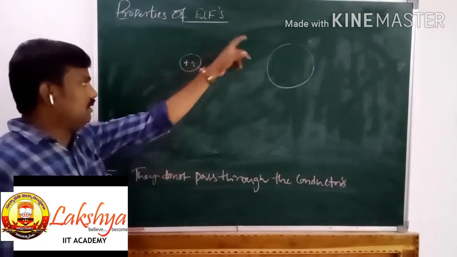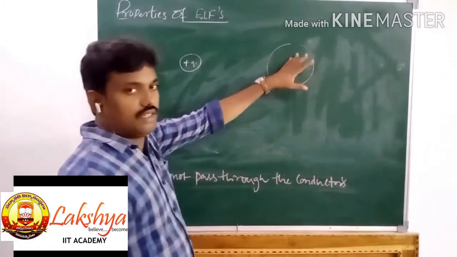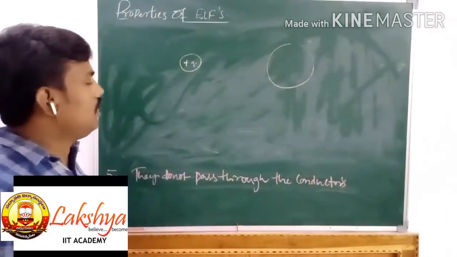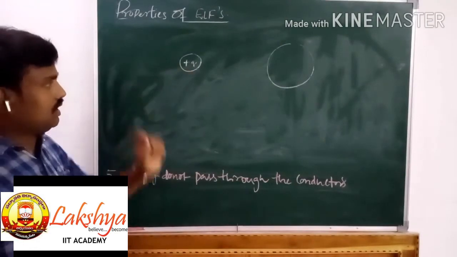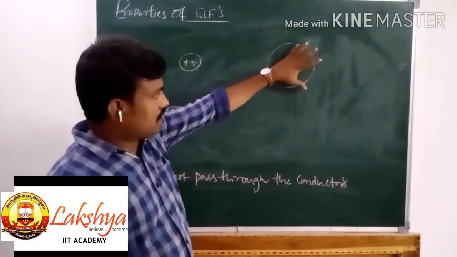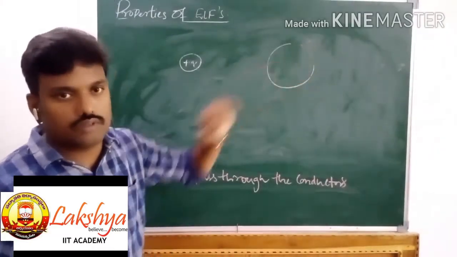Now, in the vicinity of this positive charge, we take a conducting body. As this is a positive charge and this is a conductor, it carries both negative and positive charges.